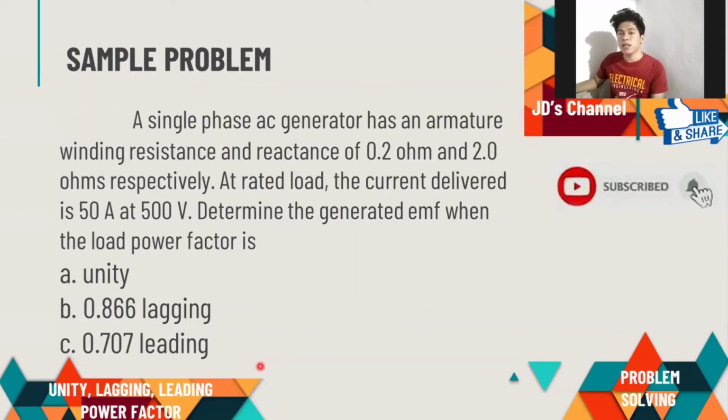Determine the generated EMF when the load power factor is, so we have three cases: unity, 0.866 lagging, and 0.707 leading power factor. So let's now proceed to the solution.